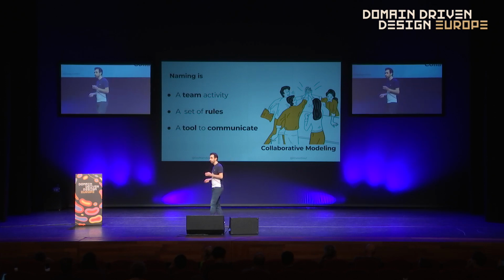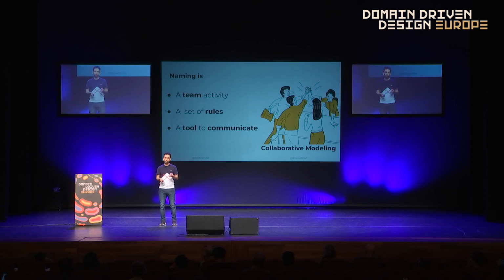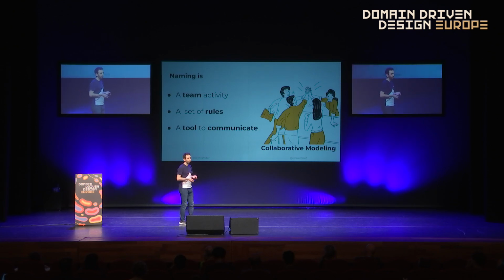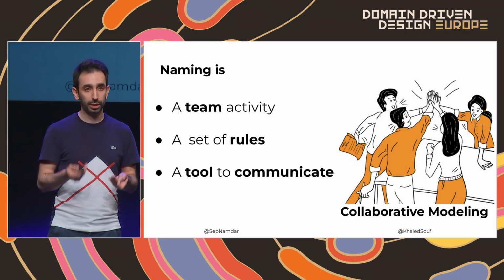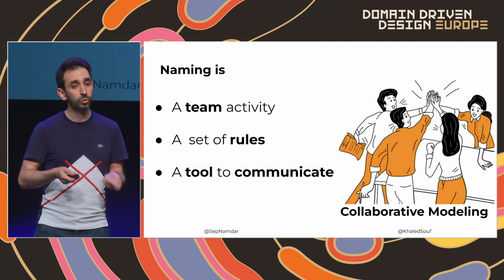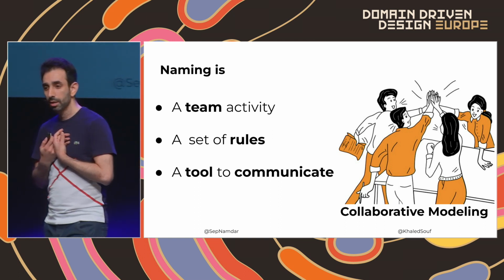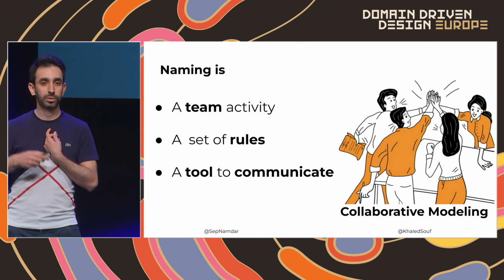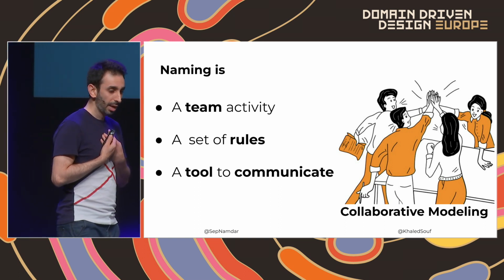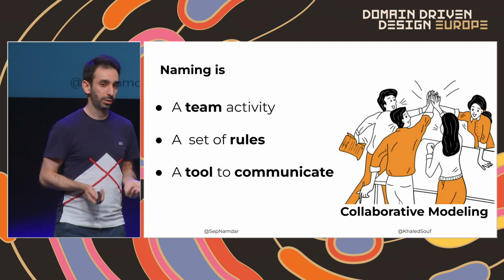The most important part is that naming is a powerful tool for us to communicate with each other. We communicate with our colleagues, with our developers through the code, but also with ourselves, because we come back to code that we wrote, and we need to understand what the intent was.